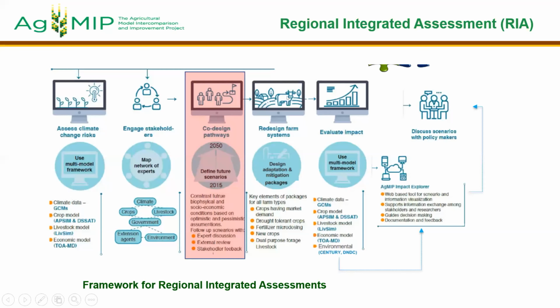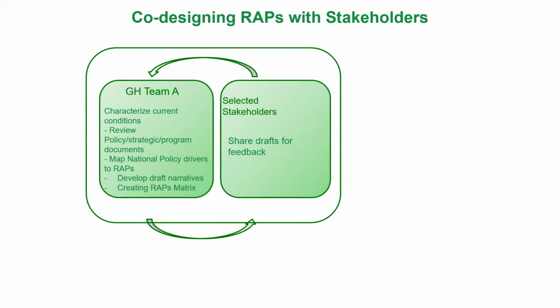This helps in redesigning of farming systems, which are then further evaluated. The impact of the co-designed systems is looked at, and these are then referred to policymakers for further discussion. So it's a whole iterative process, as has been indicated, and the entire process is heavily reliant on engagement with stakeholders.